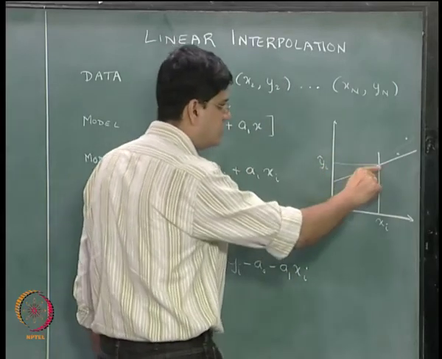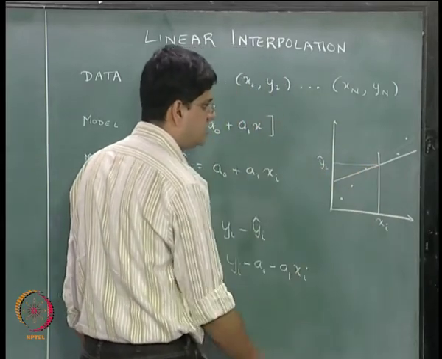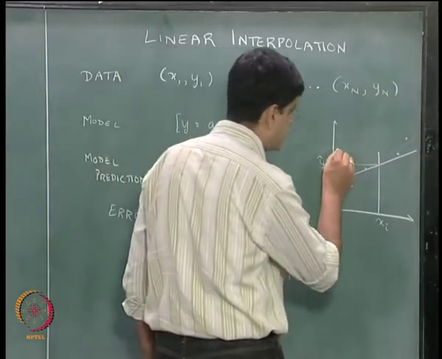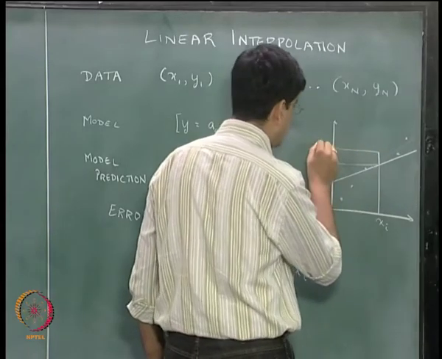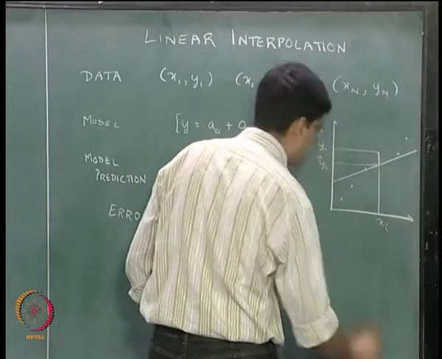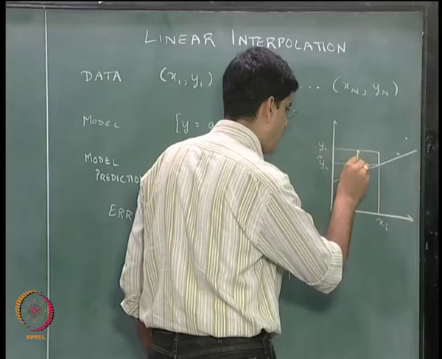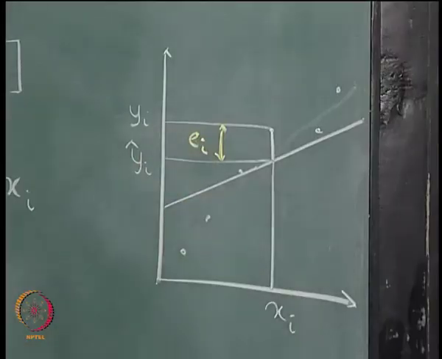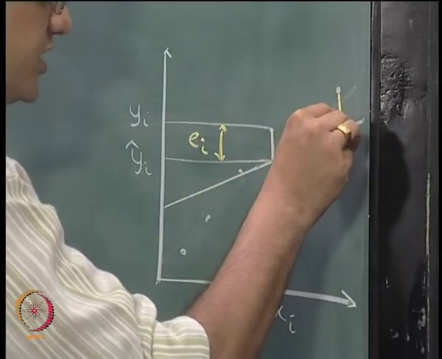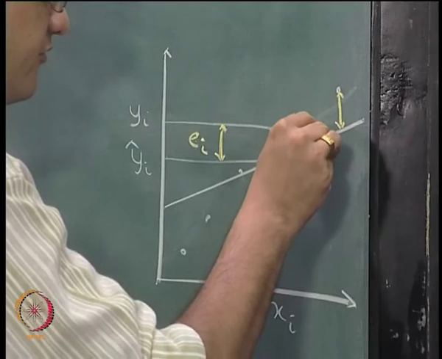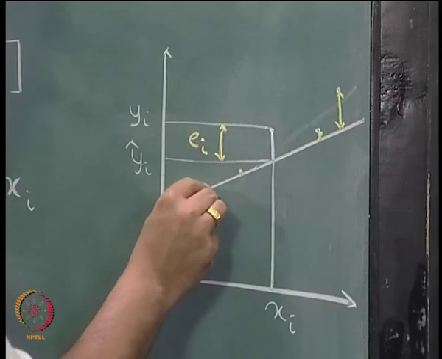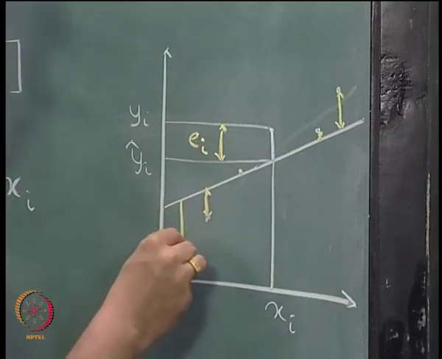Yi hat is the value that we obtained from the model prediction, that is by substituting the value of xi in the equation of that straight line, and yi is the actual data. So this particular vertical distance is the Ei. What we have is, for each of the data points, this vertical distance as E1, E2, E3, E4, E5 and E6.